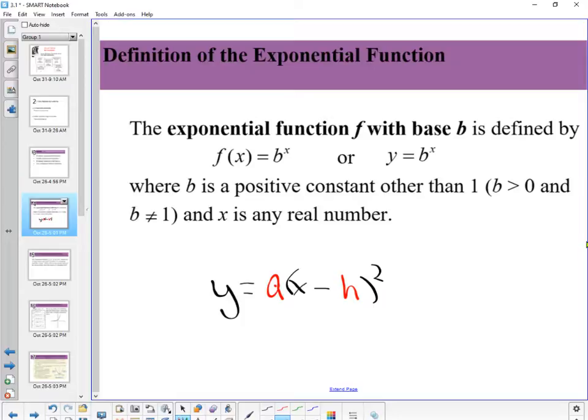You've got to be careful because there's that built-in negative. So notice I didn't put the H in red because it's really not negative H that controls where you're going. It's just H. There's another thing that you can do. You can move it up or down, which is our K, right? So we're going to go ahead and throw plus K up there.